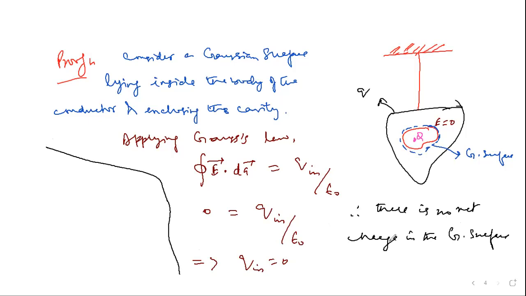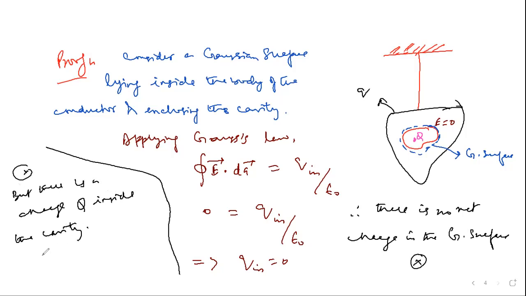Then I move this from here to here, but there is a charge Q inside the cavity. Therefore, there must be charge minus Q on the cavity walls.